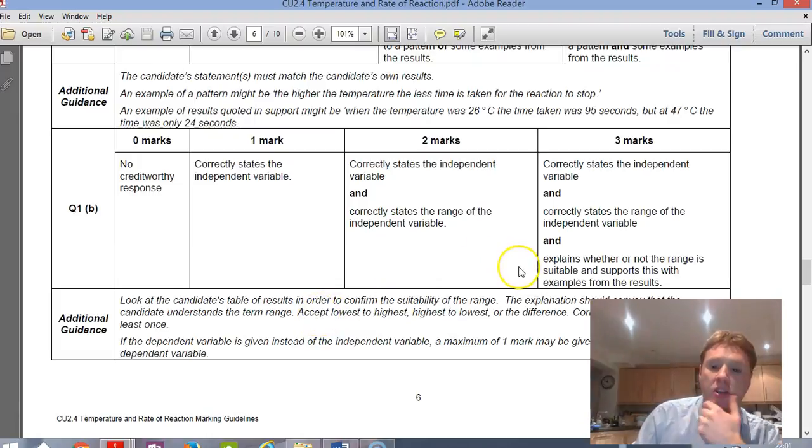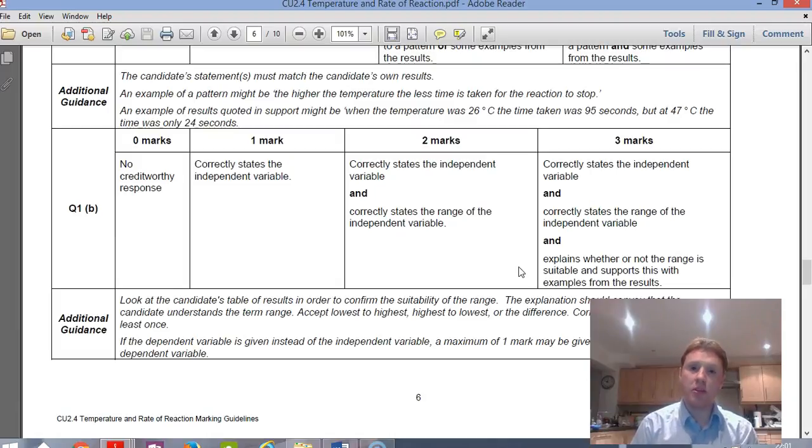Okay, so what do you need to explain? Well, you need to explain, does your range give a pattern for your results? So can you see from your range that the time taken is decreasing or the rate is increasing? If you can, that is a suitable range. So does the range enable you to see a pattern in your results?